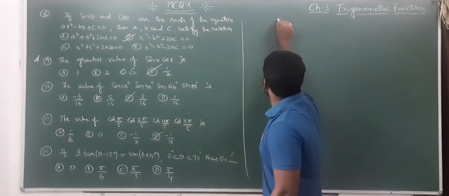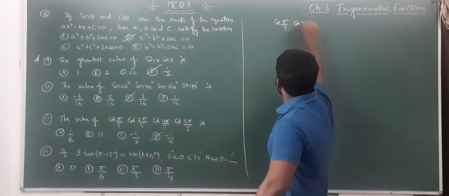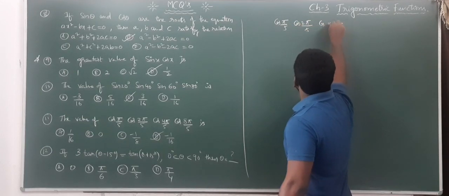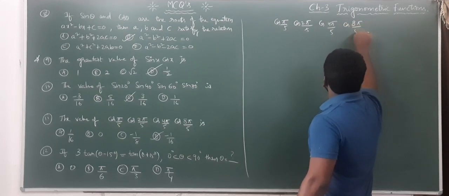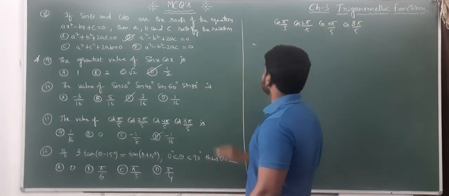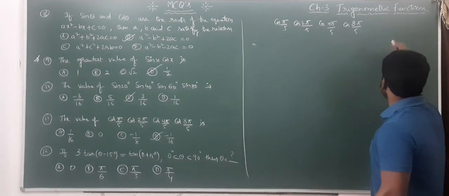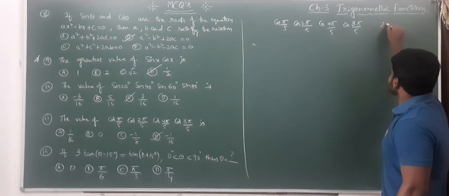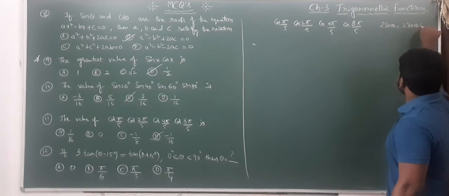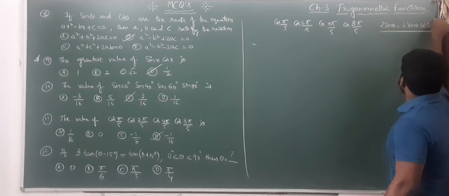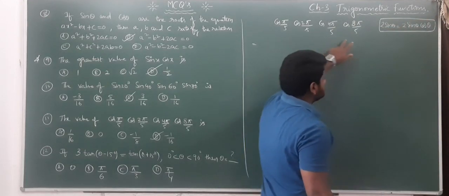Cos pi by 5 into cos 2 pi by 5 into cos 4 pi by 5 into cos 8 pi by 5. In which form we need to convert is, do you know the formula of sin 2 theta? What is that? 2 sin theta into cos theta. Here we have only cos terms.